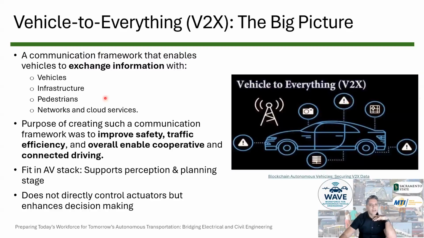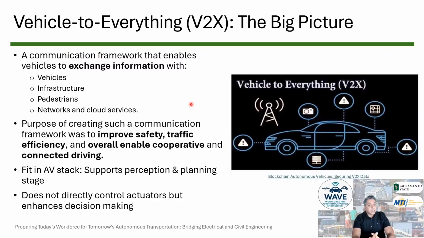It is a framework that enables vehicles to exchange information with other vehicles, infrastructure, and pedestrians, and you can see it over here. The main goal of V2X is to improve safety and traffic efficiency, and overall it will enable cooperative and connected driving, because all these entities and components are connected together and will cooperate together.